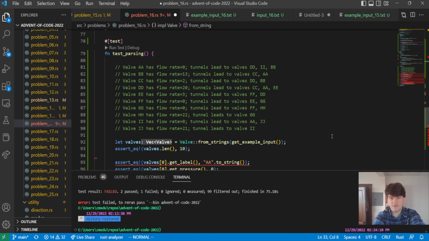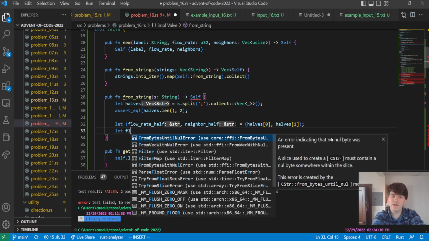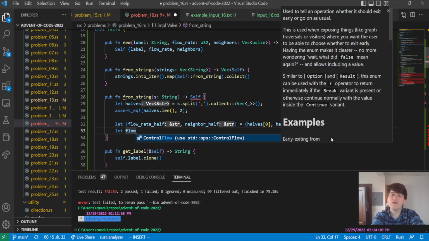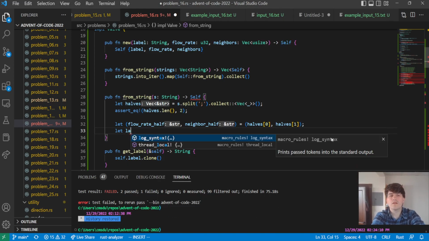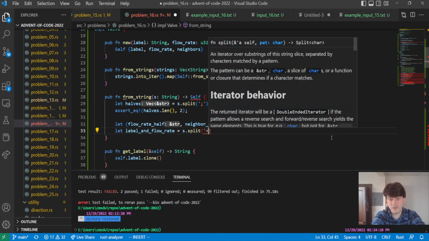I guess we split on equals. Let label and flow_rate be s.split on equals.